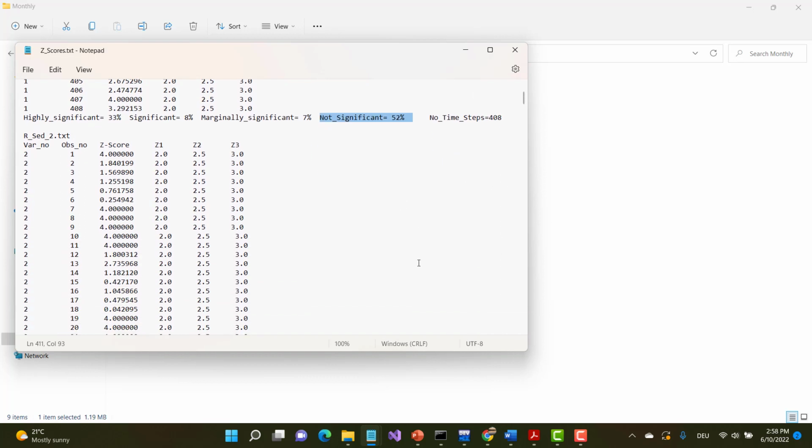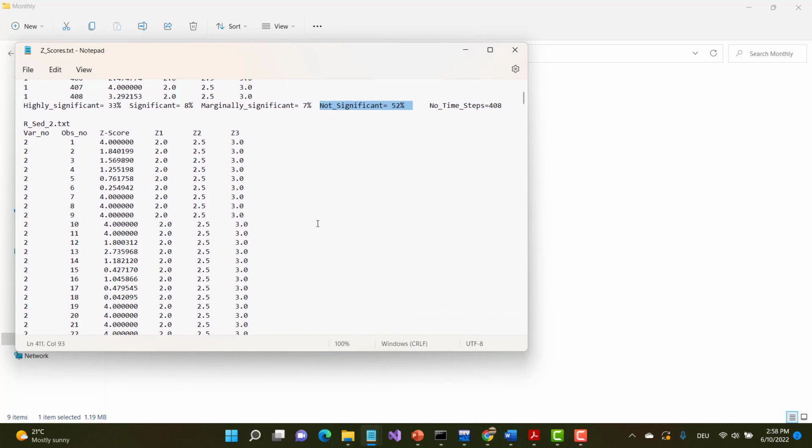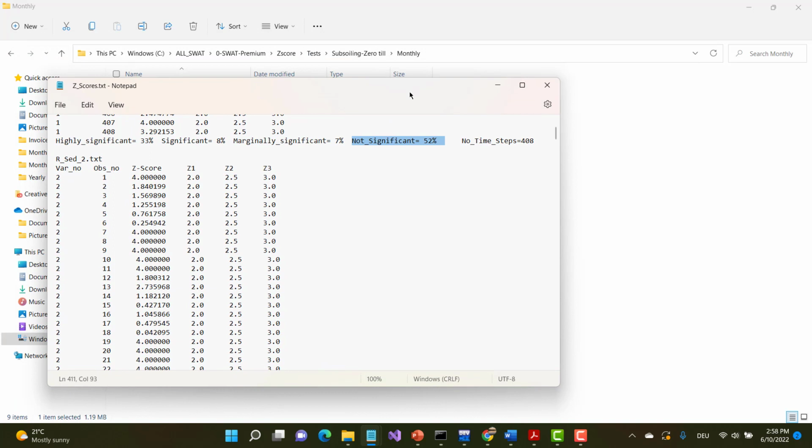Then you can have the same thing for subbasin number two, subbasin number three, and so on. So it will tell you spatially and temporally where the difference is significant.